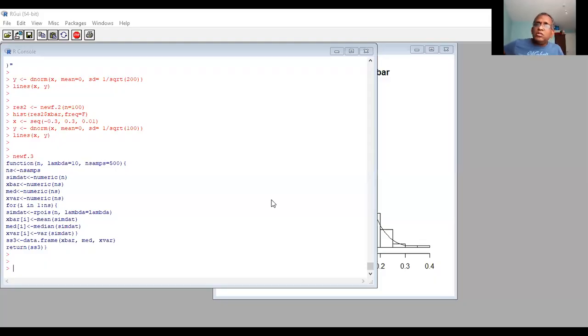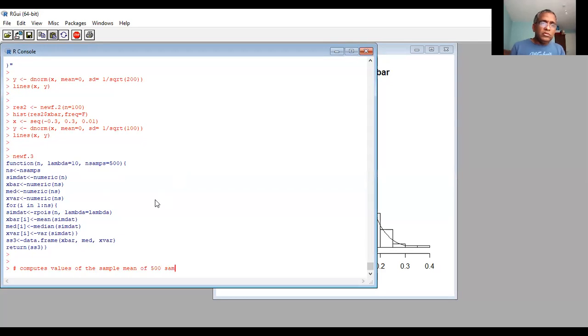All right. Okay. What this function does is it does three things. The function is called new f dot 3. It computes 500 values of the sample mean of 500 samples, each of size n, simulated from Poisson with parameter lambda equal to 10.